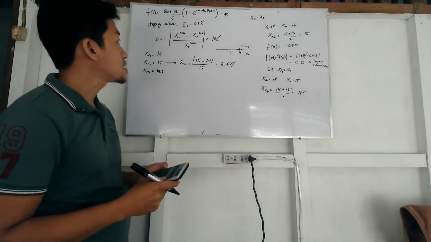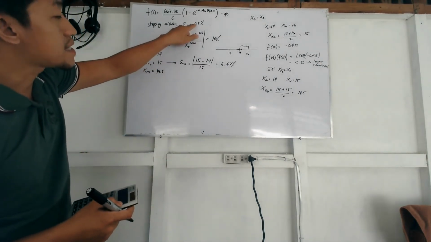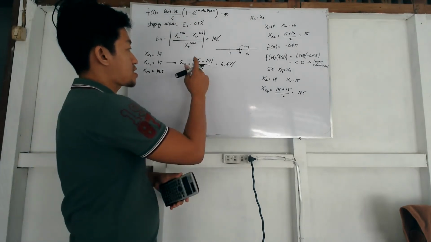Our stopping criterion should be less than 0.5, so we are still far.